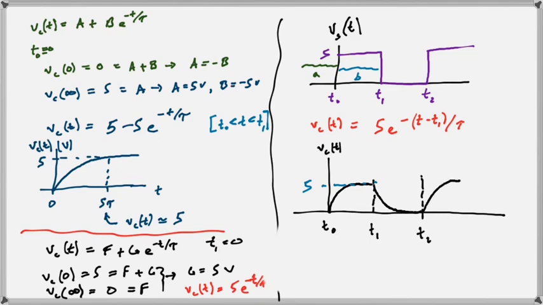Now, let's continue on with our 5-volt marker. And we said that the voltage approximately reaches its asymptotic value at 5 tau.